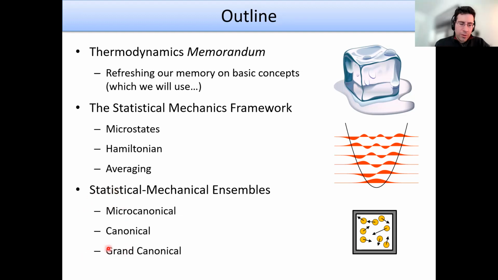Of course, these are not the only ones. There are others that you may encounter in your research. But if you know how to think within this framework of statistical mechanics, then the rest is really technicalities, working out for different ensembles, what are the partition functions and the equations, etc.